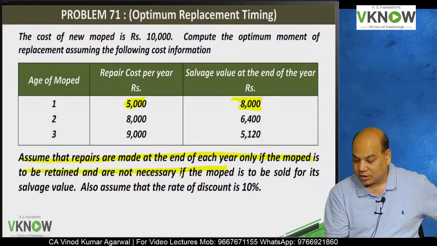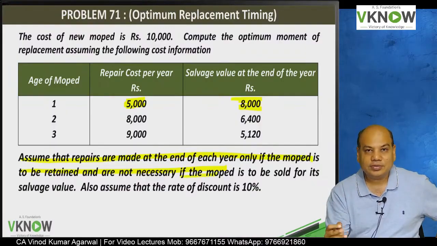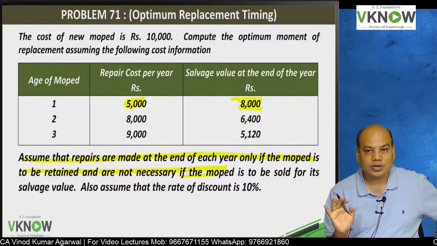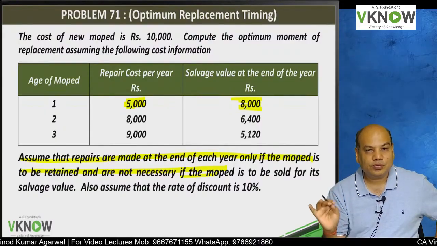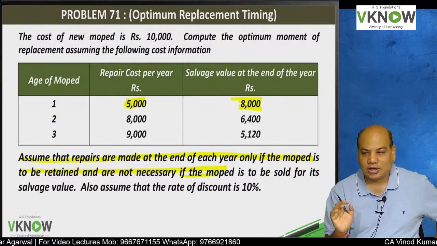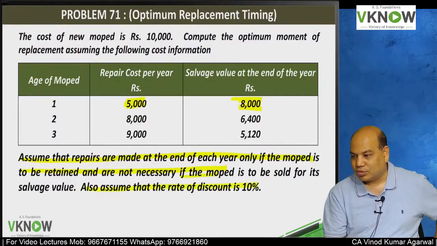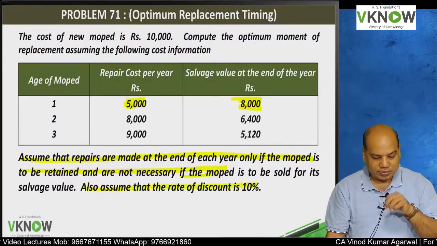But if this line is there that you are going to incur repair cost, only you have to retain it, then don't incur repair cost today. Okay, if you don't want to retain it. If you want to retain it for the next year, then incur the repair cost today. And to help you to compute present value, discount rate is 10%.